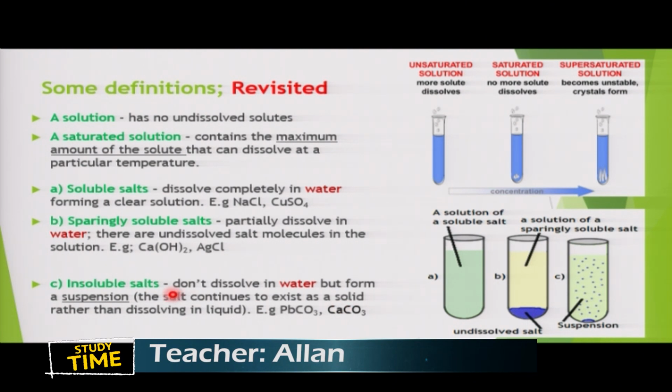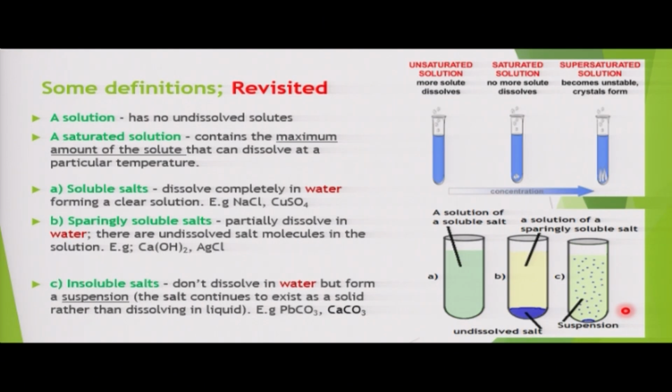Then insoluble salts, they do not dissolve. Instead, they form a suspension. This is a suspension. Some of the particles will remain hanging. I'm using that word hanging, but the scientific term is that they are suspended in the solvent molecules, as you see these dots.